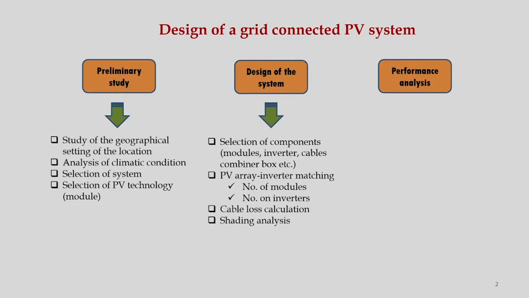Other parameters like current, voltage, and power, and we also need to find the appropriate number of modules and inverters required for a particular capacity. Of course, we need to learn cable loss calculation, then shading analysis.